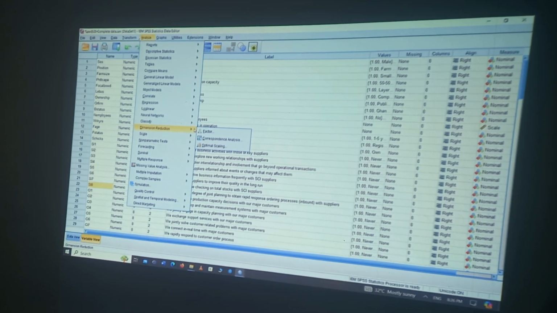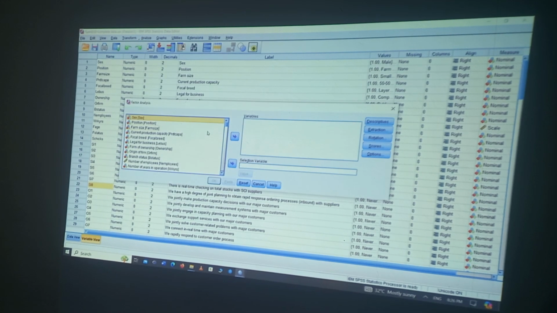Click on Analyze, Dimension Reduction. Then click on Factor.